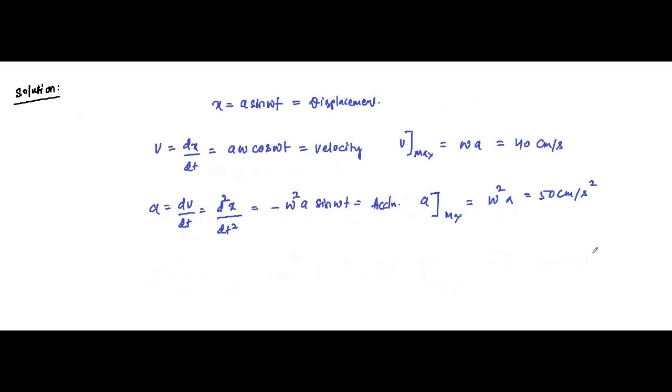If we divide maximum acceleration by maximum velocity, that is omega square a by omega a, we will have the angular frequency omega equal to 50 centimeters per second square by 40 centimeters per second.